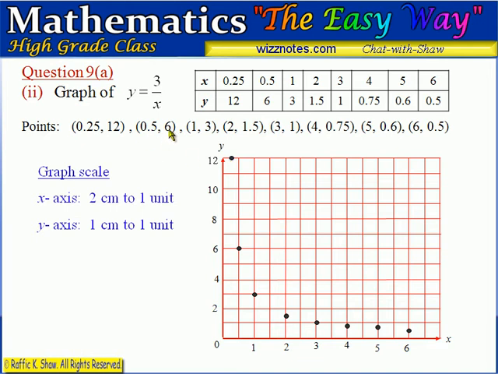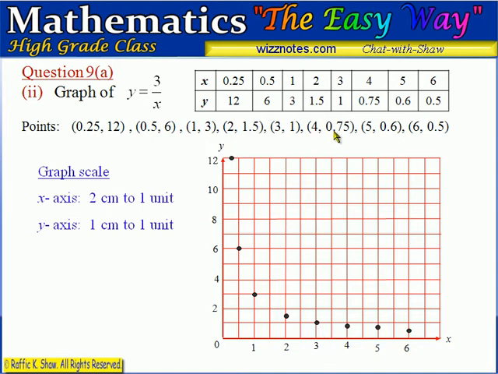This point, x is 0.5 here, and the y value is 6. The third point, x is 1, y is 3, that's this point here. The fourth point, x is 2, y is 1.5, so the point is 2, 1.5 here. This point is 3, 1, so it is x value of 3, y value of 1 right here.